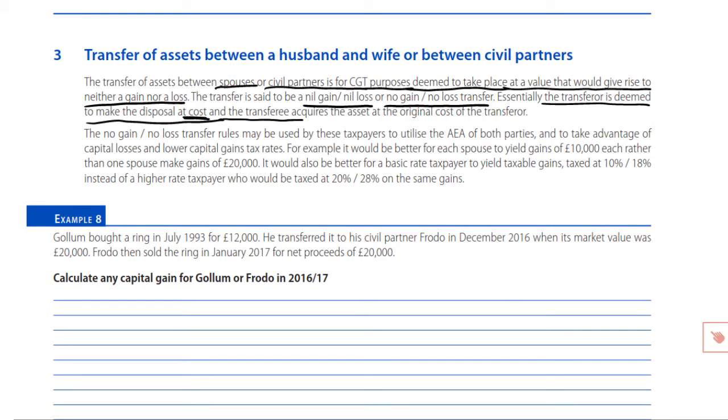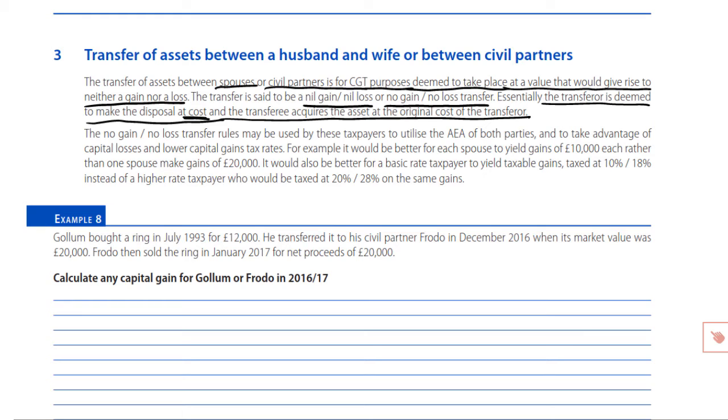The transferee is then deemed to acquire that asset at the original cost of the transferor. Now this is not a claim, it's not an election, it is a rule. If the spouses or civil partners have chosen to transfer an asset from one to the other, then this is the way that it's done.